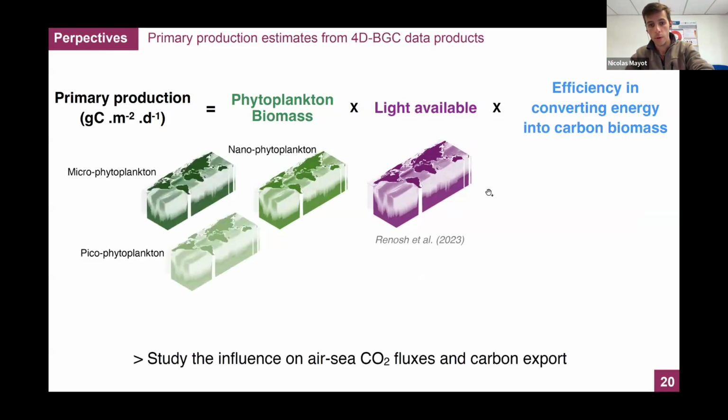We also would like to have information about three phytoplankton size classes, which will give us some information about how the phytoplankton biodiversity is changing over time. And by using this primary production model, we will be able to better relate this information to the air-sea CO2 fluxes and the carbon export, for example.